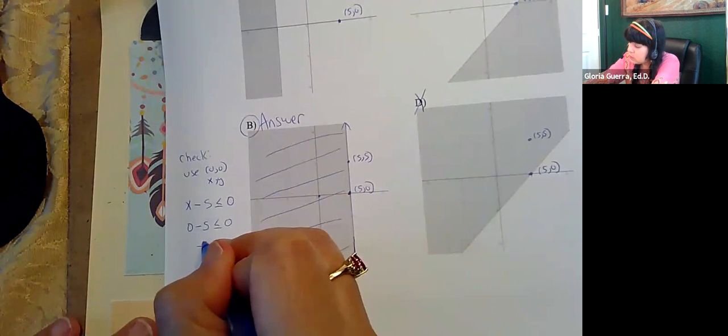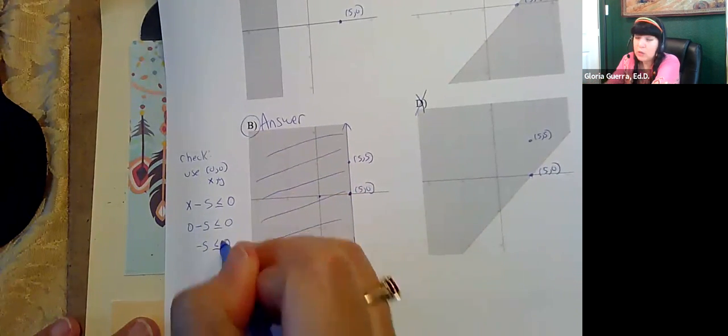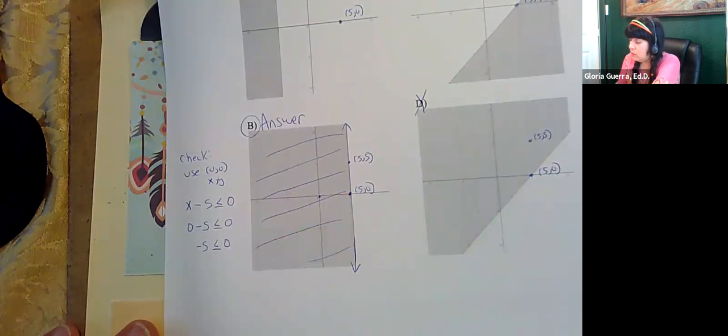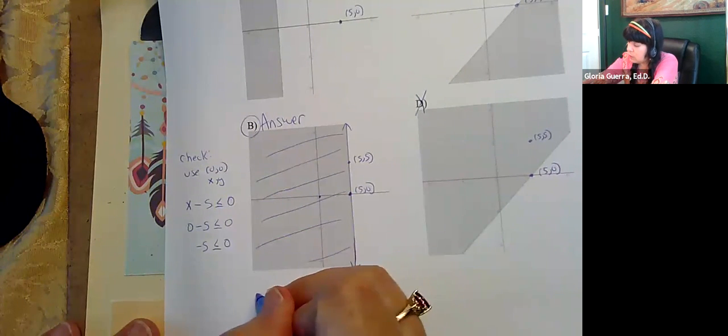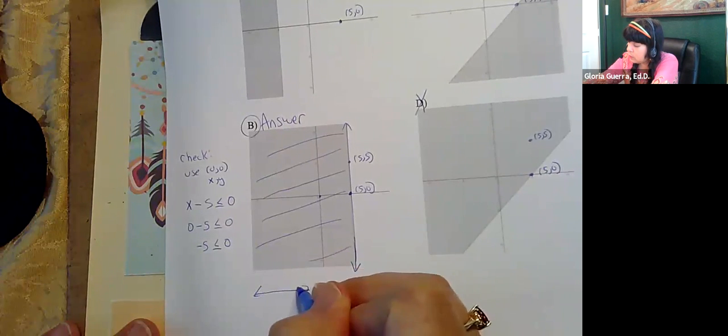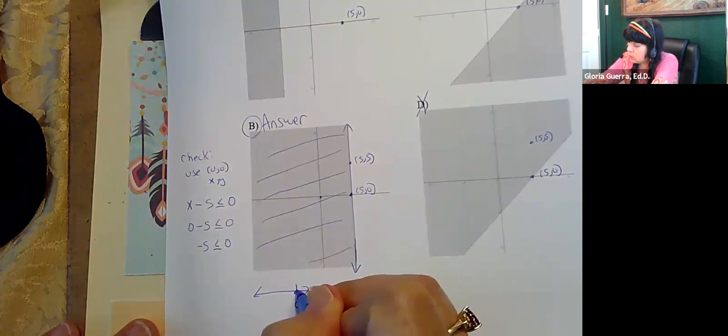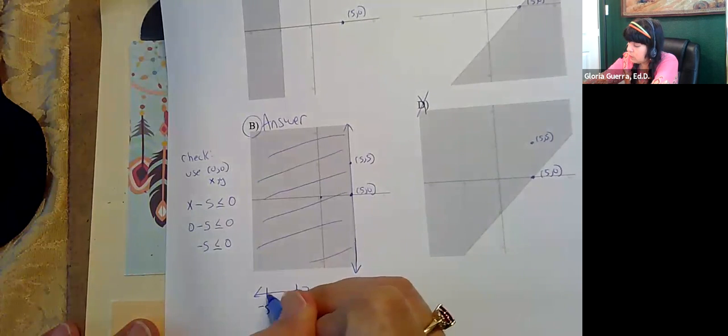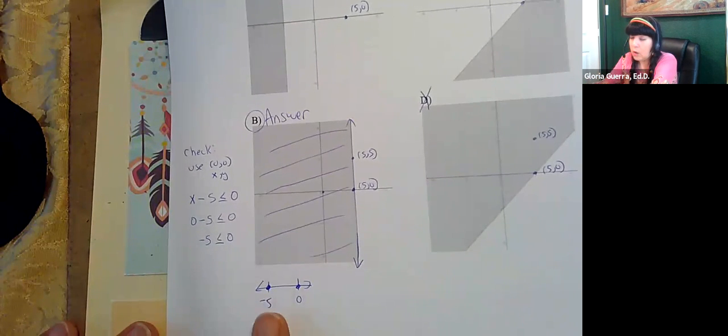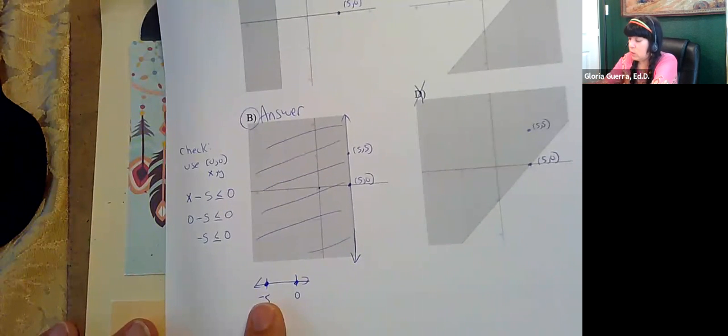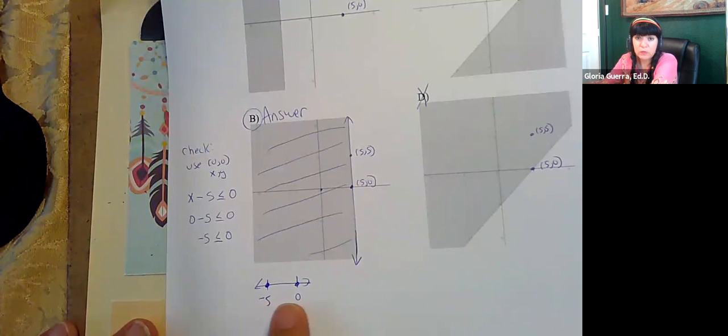This is just minus 5 less than or equal to 0. Is that true or false? Is -5 a number that's less than or equal to 0? It's not equal to, but it is less than. If you look at a number line, here's 0 and the -5 is somewhere over here. And always numbers to the left are smaller. So yeah, -5 is smaller.